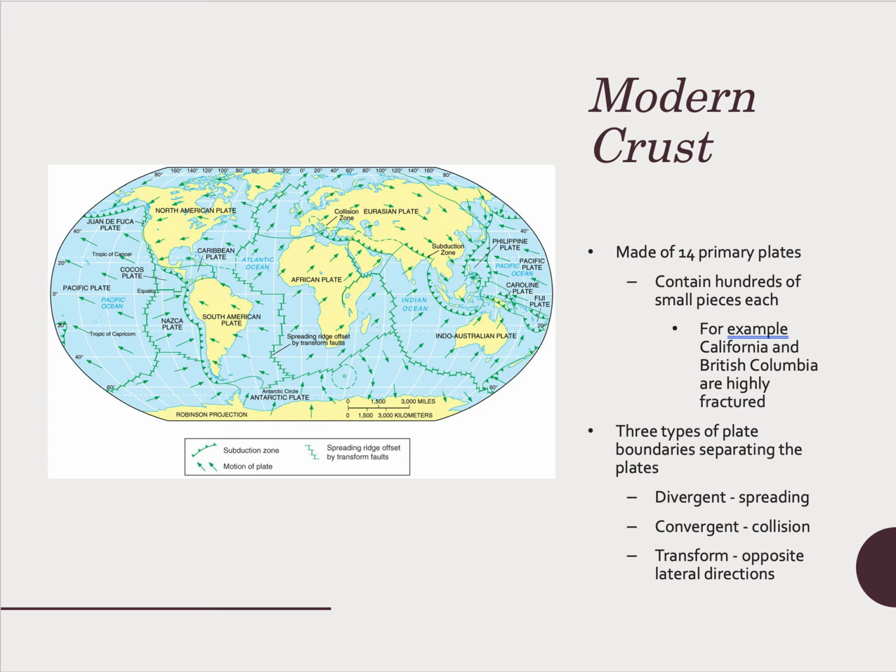And our modern crust is made up of 14 basic plates. Those are the big guys: the Pacific plate, the Nazca plate, South America, North American plates, a Caribbean plate. I won't name them all, but these are the big ones. We have hundreds and hundreds of much smaller plates, if you will, that are fractured on the edges and the margins of these plates.